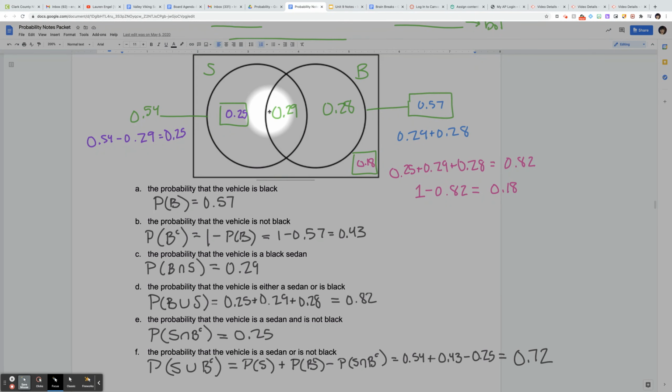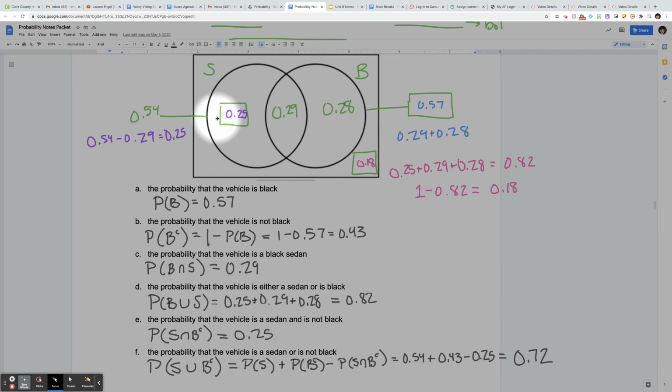So the sedan area is all of this. Then the not black area is all of this. So it would be like 0.18 and the 0.25, right?